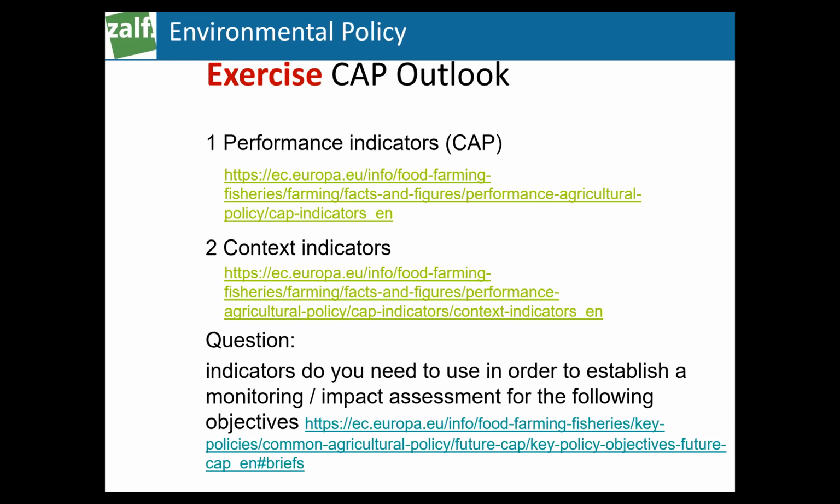And this is what we are doing. And this is also what has been done at the beginning with the modeling task on the buffer zone program. Please have a look at the question here, and you see the link.